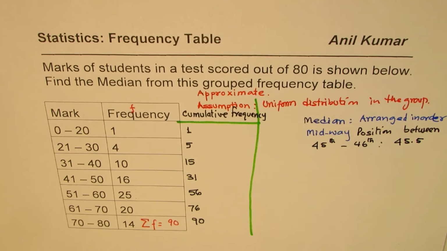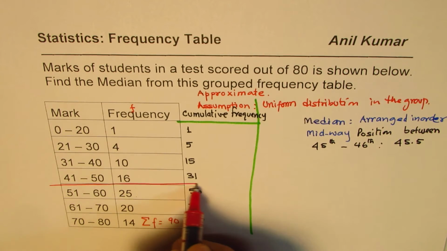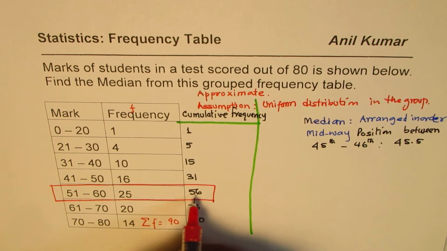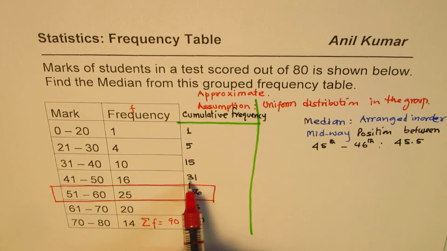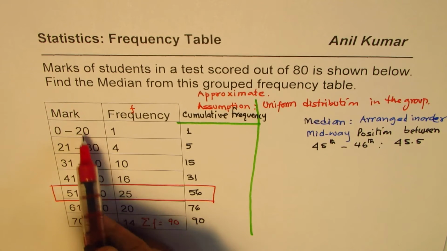That is the position. Now where is that 45.5? Clearly 45.5 is in this group, so that is where the median lies. The first 31 data elements are before 51.